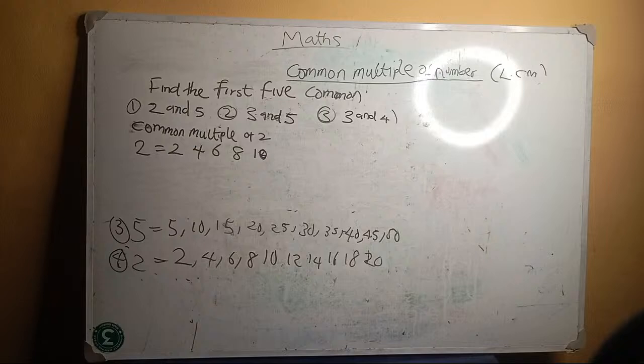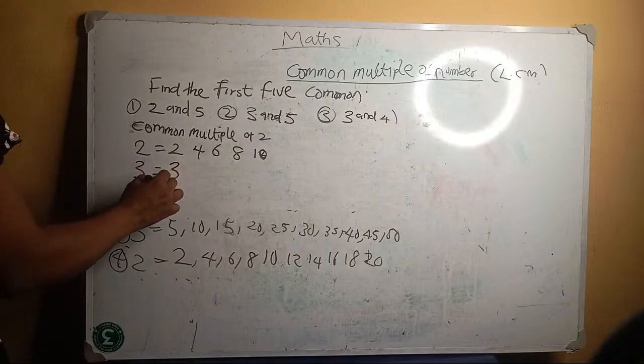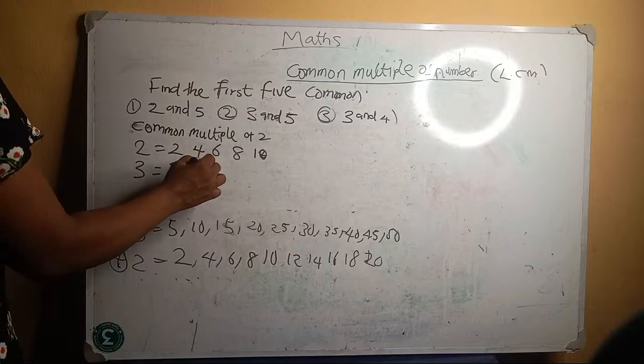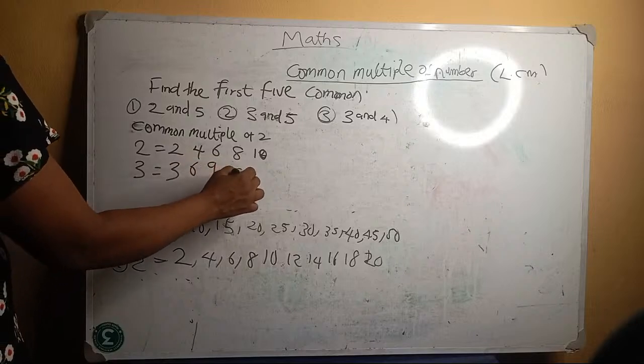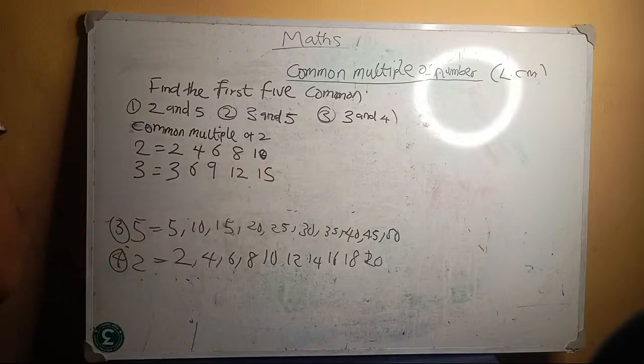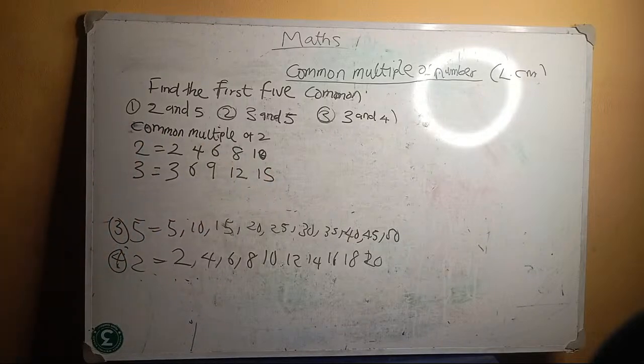And then the multiples of 3 are 3, 6, 9, 12, 15. That's the first five multiples of 3, along with the multiples of 2. Did you understand what I'm saying? Hope you are getting what I'm saying here.